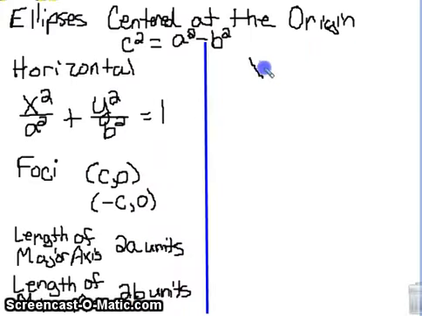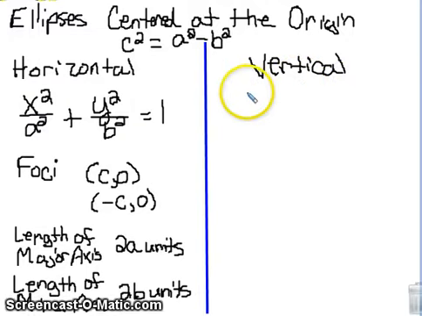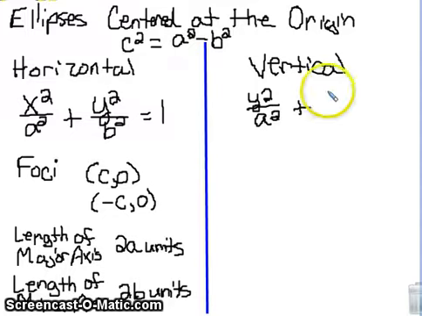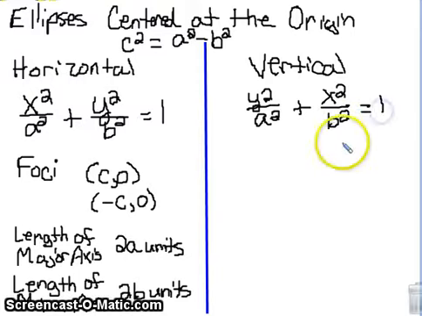If we're talking about a vertical, this is where some people have a discrepancy. We can write our vertical equation as y squared over a squared plus x squared over b squared equals 1.